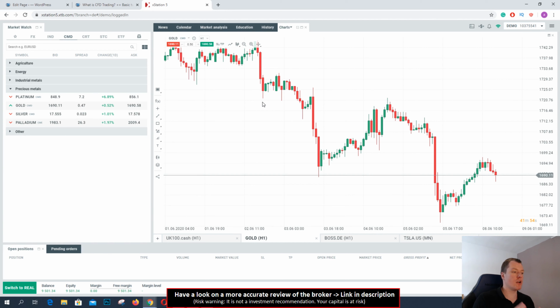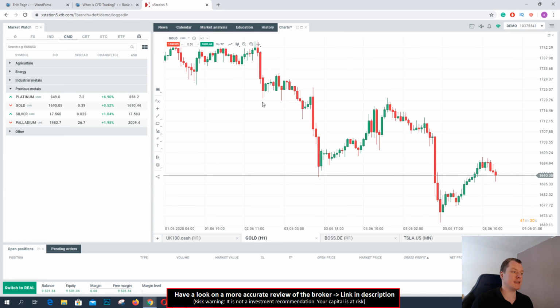You are not buying the real asset, just the contract, because most traders want to earn money on rising and falling prices, and they are not interested in owning the real asset. So this is one of the big advantages of CFD trading.